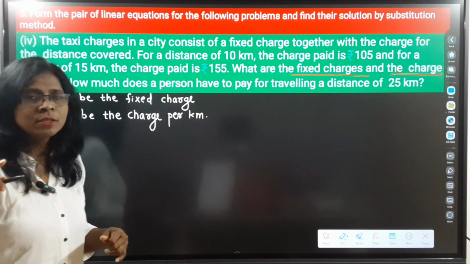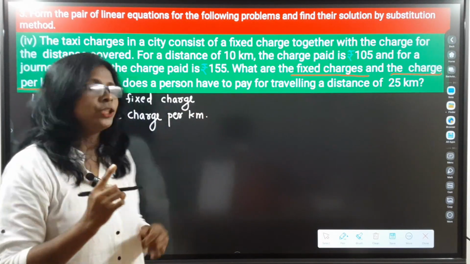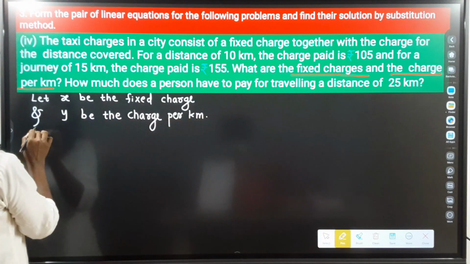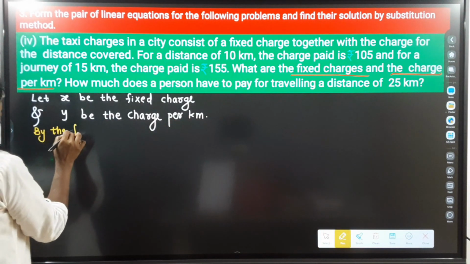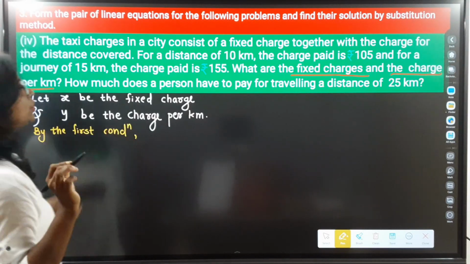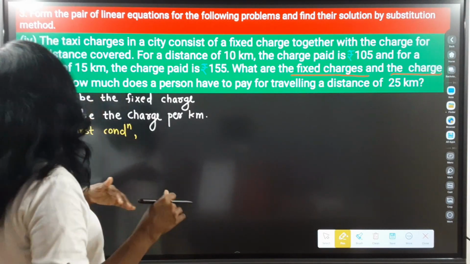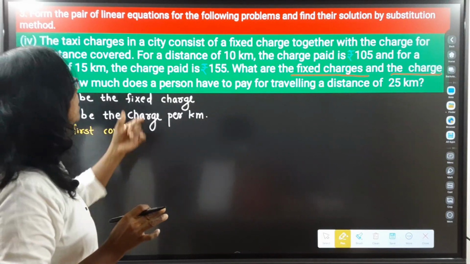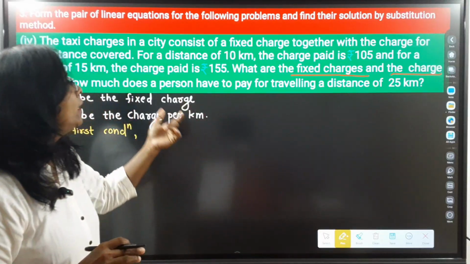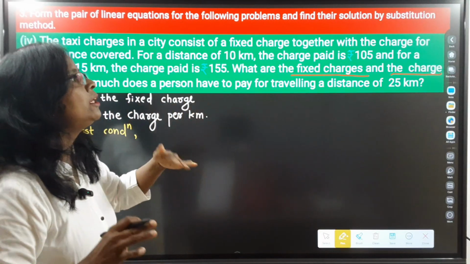So now here students, we have to follow the first condition. By the first condition, what is the first condition here students? Fixed charge together with the charge for the distance covered. For a distance of 10 kilometers, the charge paid is rupees 105.